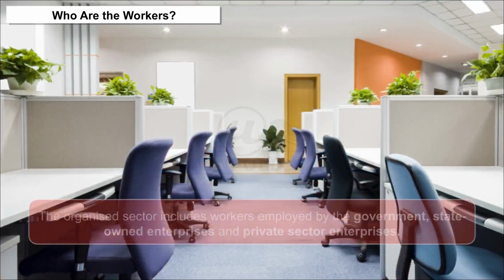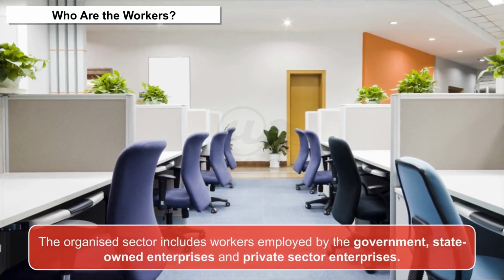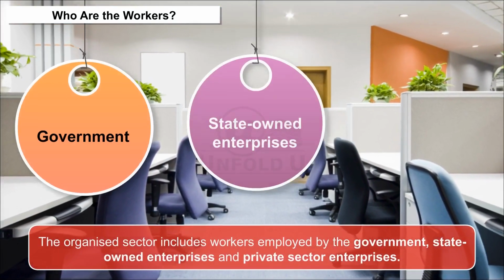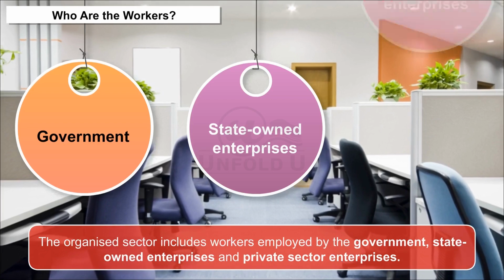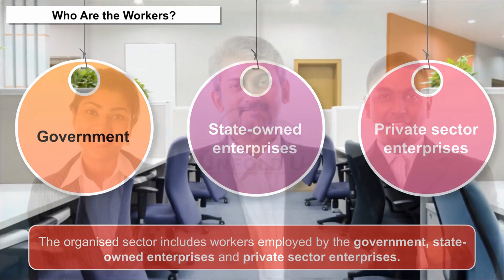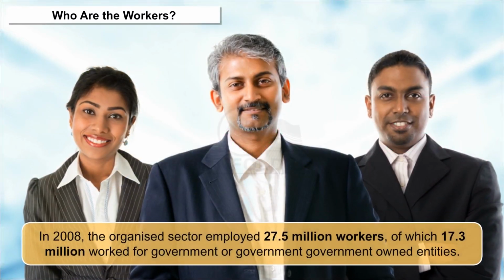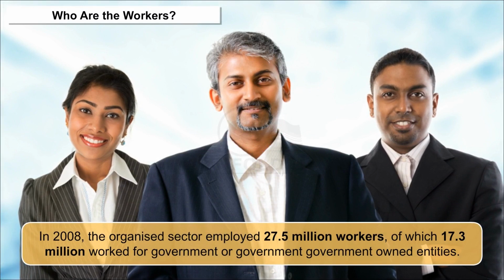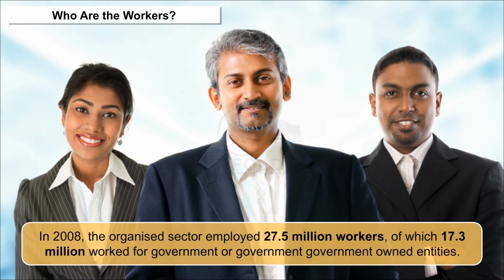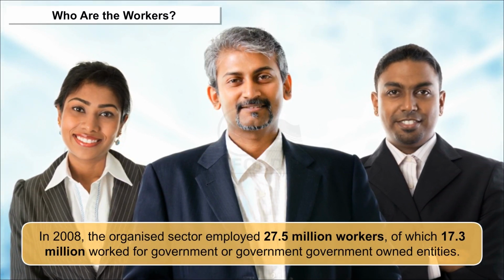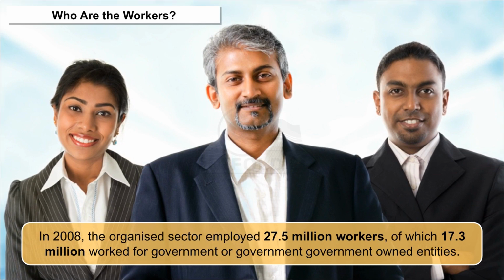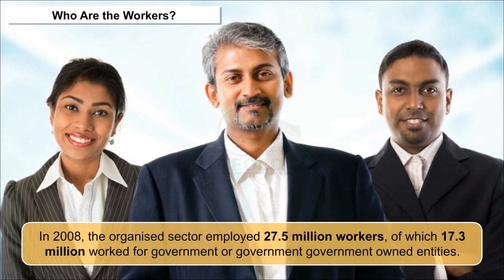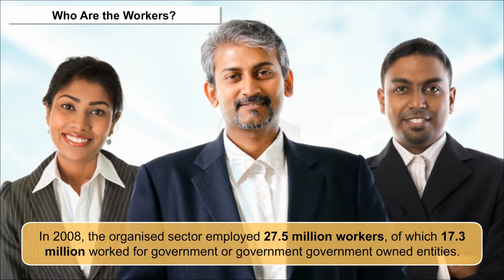The organized sector includes workers employed by the government, state-owned enterprises, and private sector enterprises. In 2008, the organized sector employed 27.5 million workers, of which 17.3 million worked for government or government-owned entities.